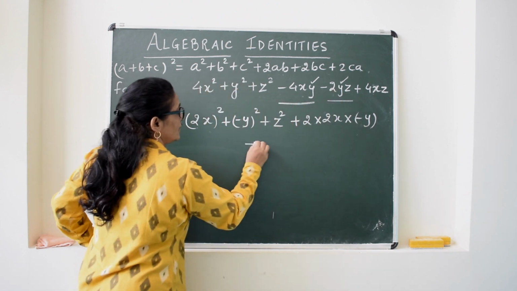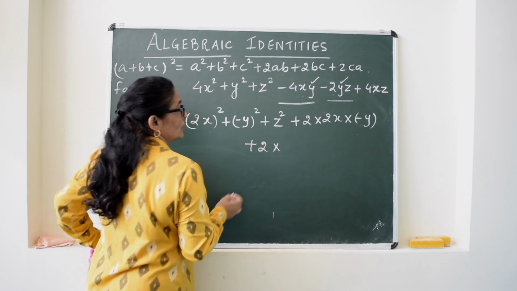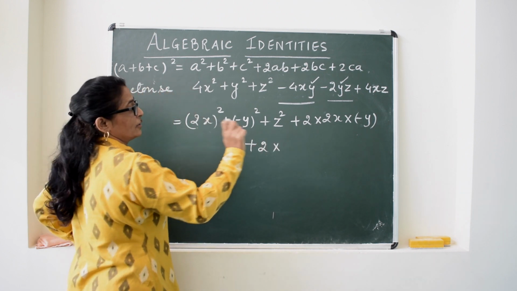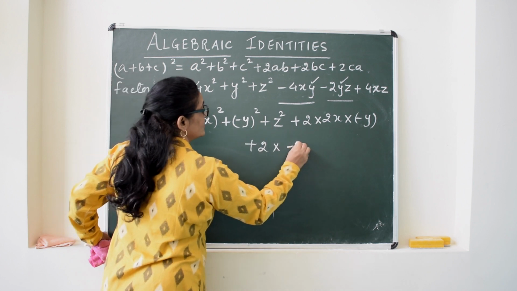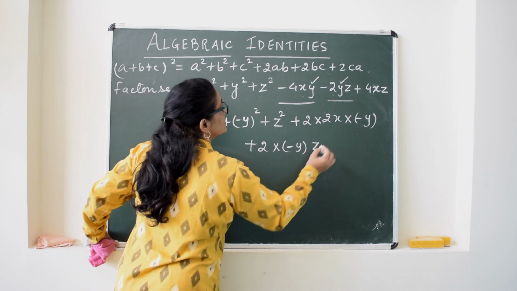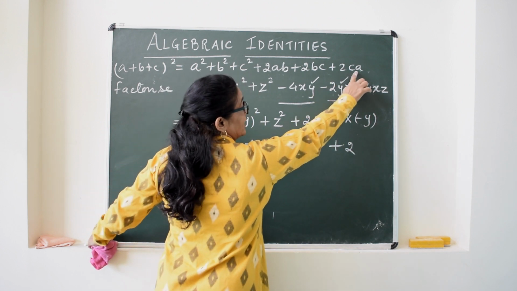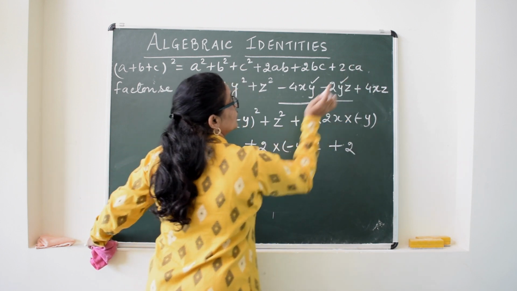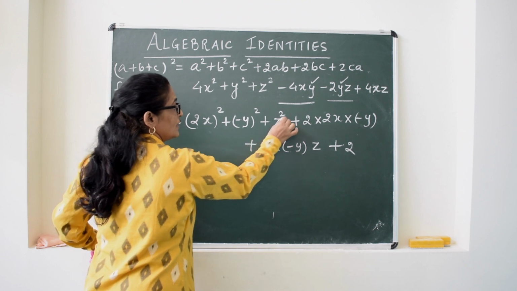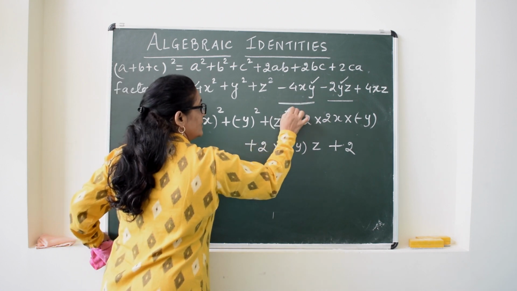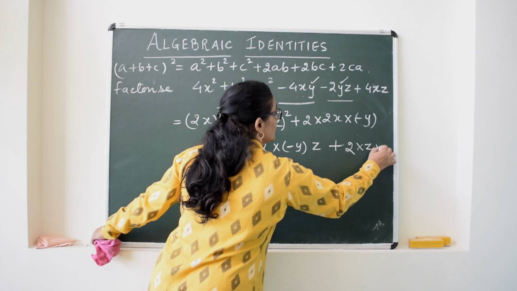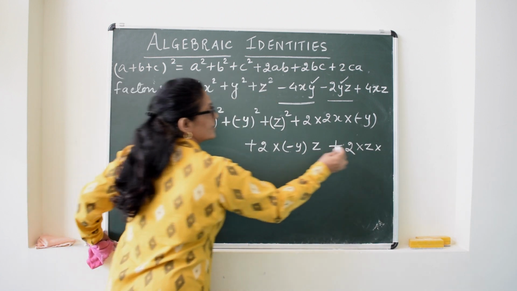Similarly the next one, plus 2 into second term into third term. Now the second term is negative, so we will write that into z, plus 2ca. 2ca means 2 into third term into first term. The third term is what? Z, and the first term is 2x.